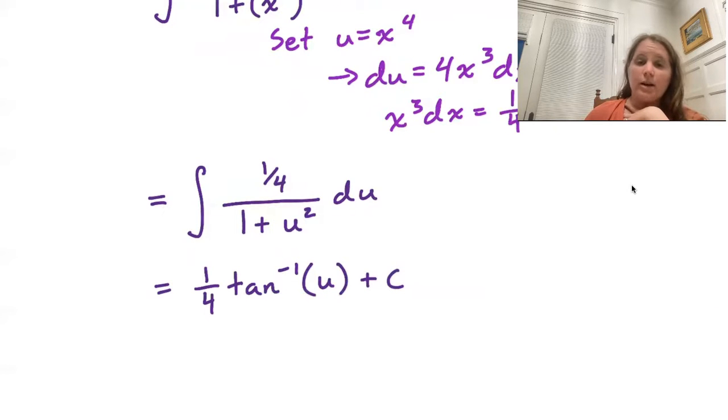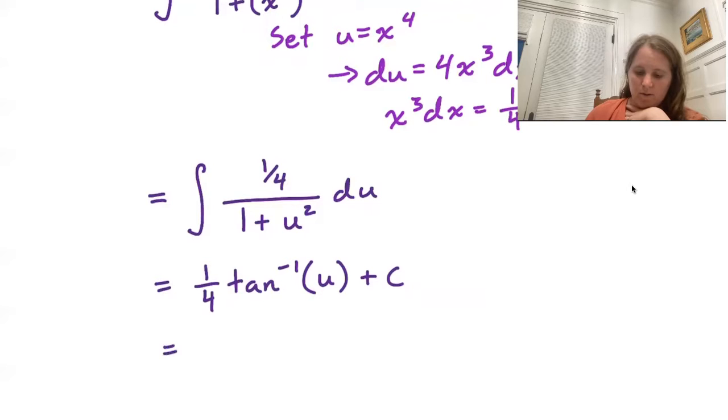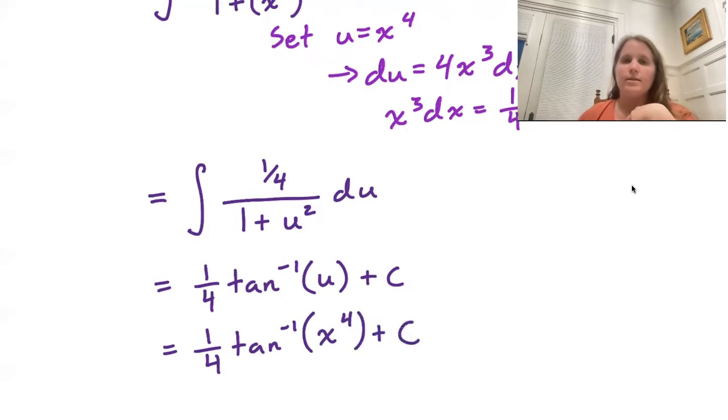And then plugging back in, this becomes 1/4 times tan inverse of x to the 4th plus c. So this is an alternative format of how we might have some sort of u-substitution pop up, other than just the constants differing. So that's u-substitution and inverse trig functions.